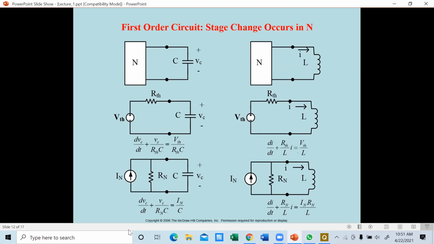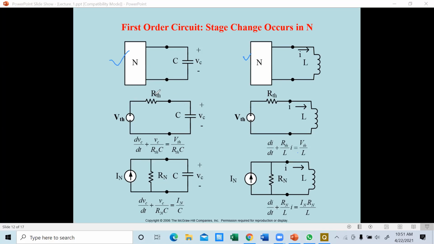Rather, your system can have a complicated network, and you can represent that network by N. In this case, we are representing this part by N. N is a network that contains some sources or other passive elements. There may be some active elements, but no energy storage elements are there in N.